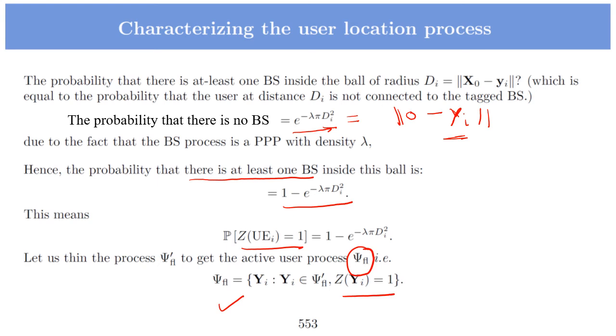Now one thing to notice is that the Zi's are all correlated to each other, because their selection depends on the same base station process. From the base station process you create the cells and you select one. Because of that, there is some correlation implied in the selected active users.